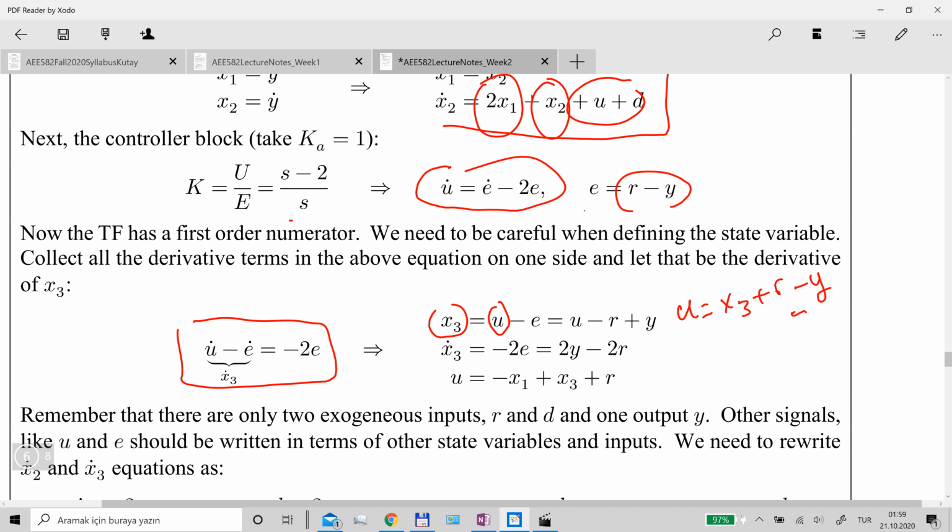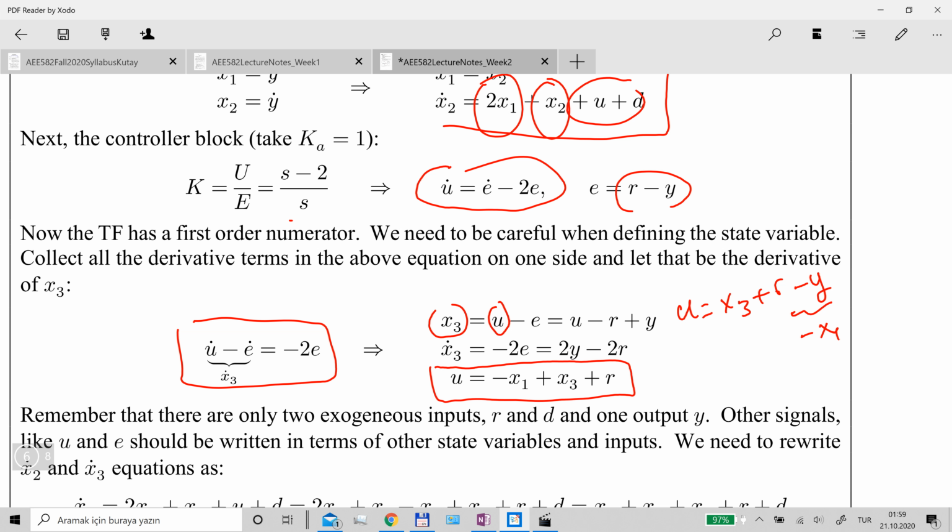But y was one of my state variables. In fact, it was x1, so this is minus x1. So the output equation is written in terms of x1, x3, and r.